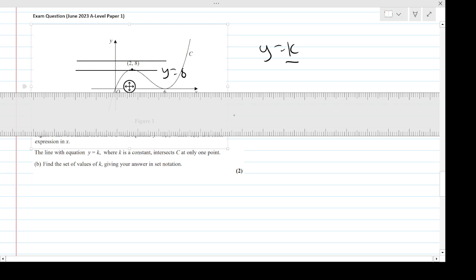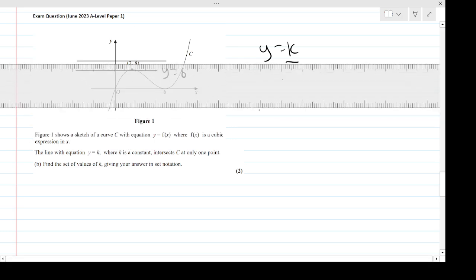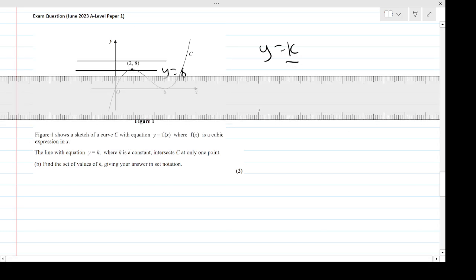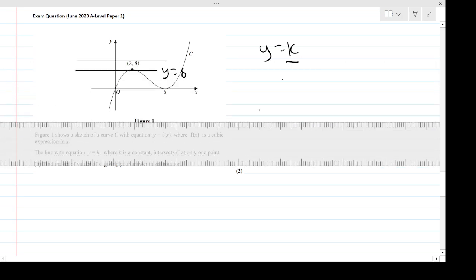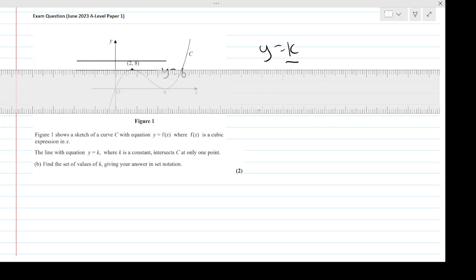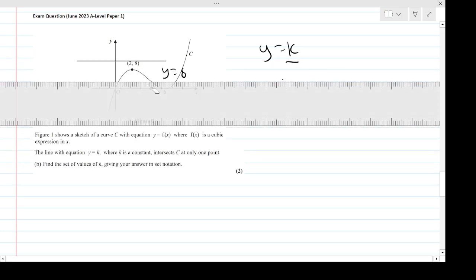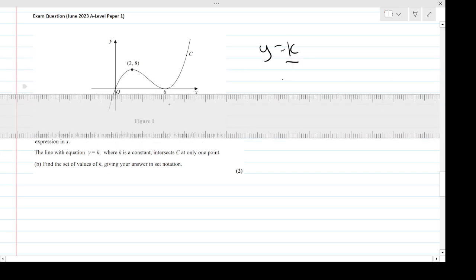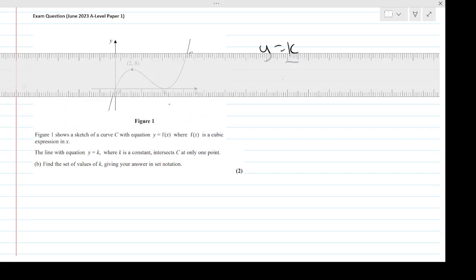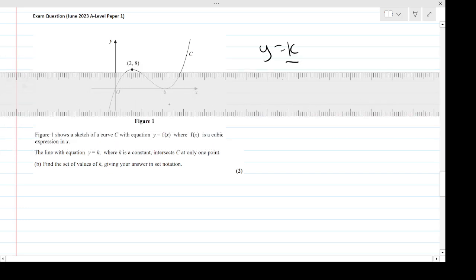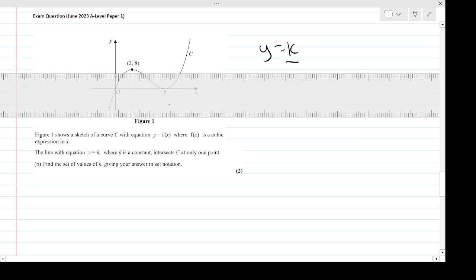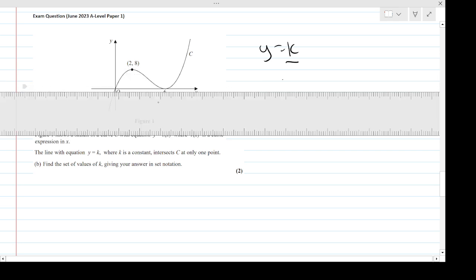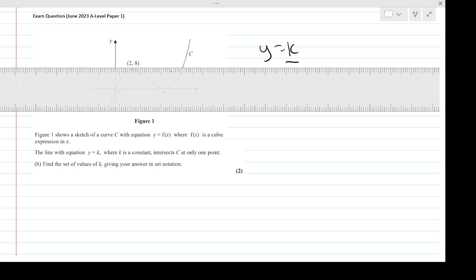What y is k means is that for some number, it passes through one particular y value, and it's a flat horizontal line. Basically we need to see, when we shift the line up and down to give different values of y, when does this line, which is why I'm using the ruler, represent this line y is k.